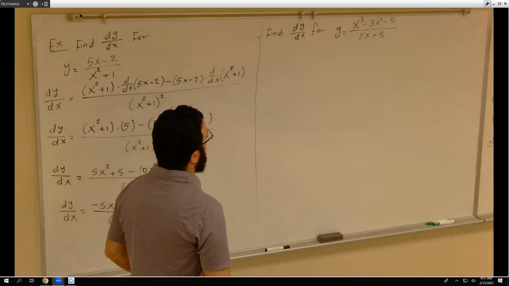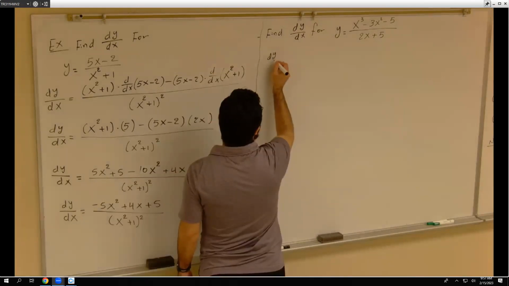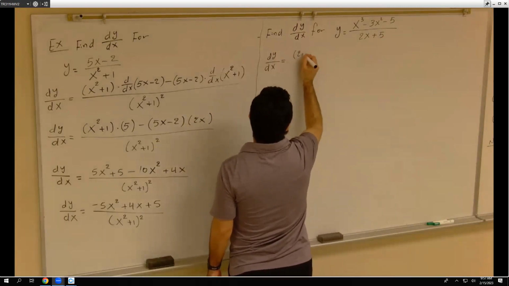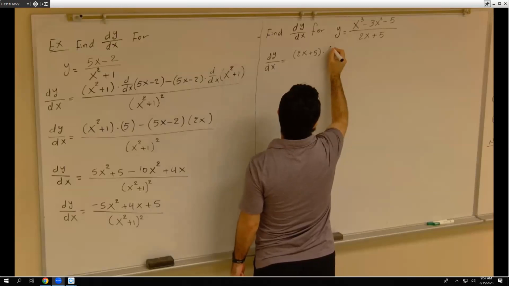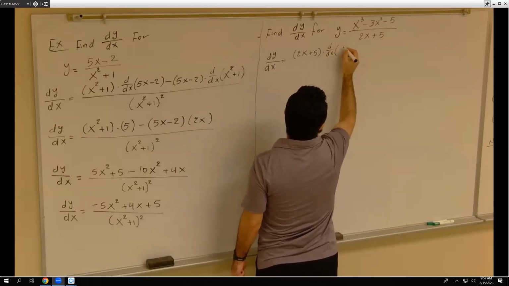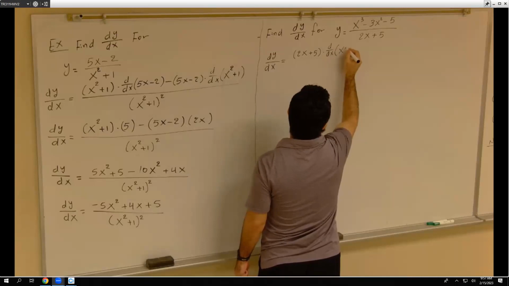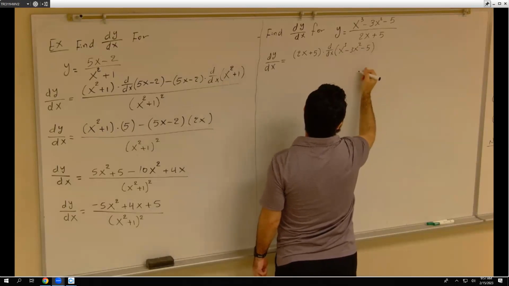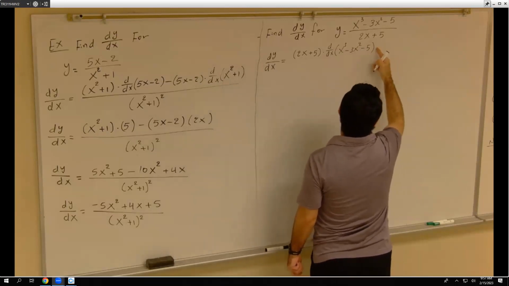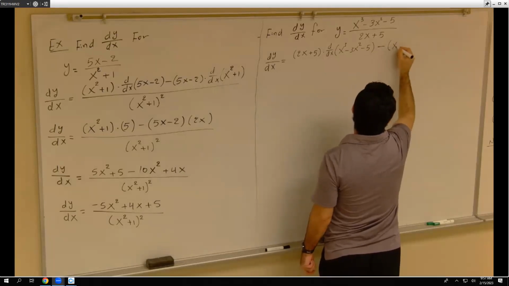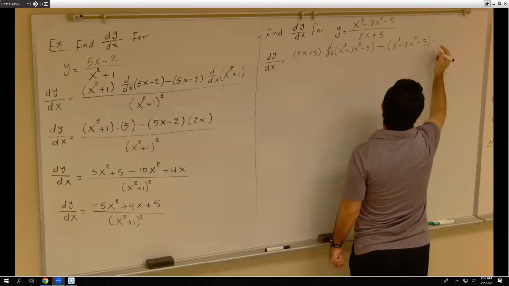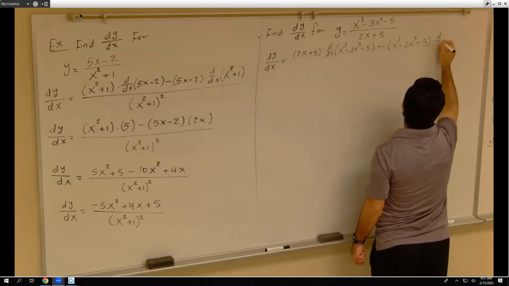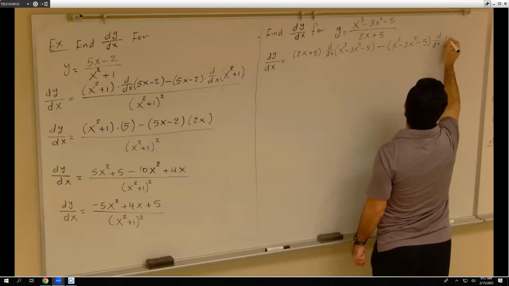So it's going to be the same thing, the derivative dy over dx equal g of x, which is 2x plus 5, times the derivative for f of x, which is d over dx of x cubed minus 3x squared minus 5, minus f of x, which is x cubed minus 3x squared minus 5, times the derivative of g of x, which is d over dx of 2x plus 5.